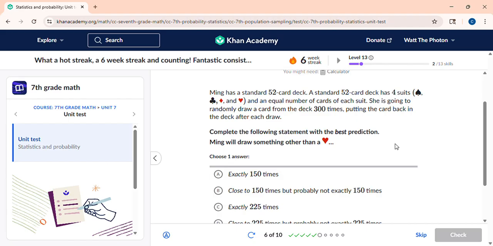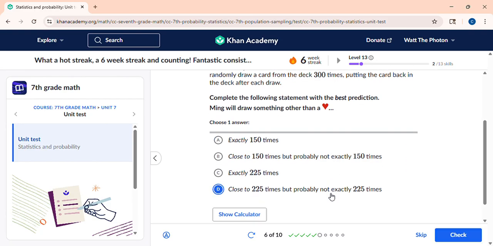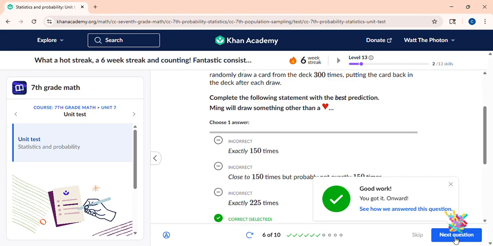So 52 divided by 4, you have 13 cards in each suit. 13 times 3, so 39 over 52 is something other than a heart. Multiply that by 300, so 0.75, 75% chance. It's probably going to be around 225 times.